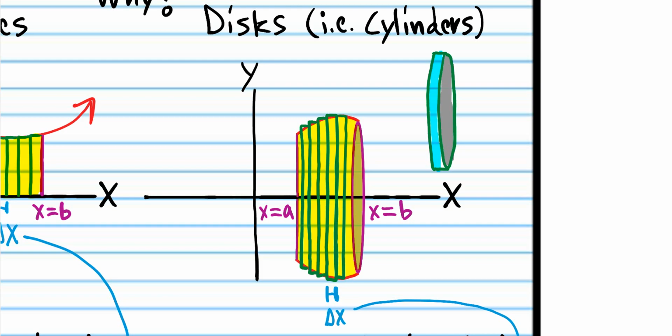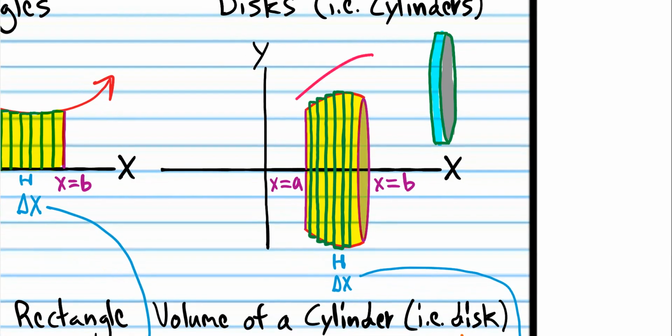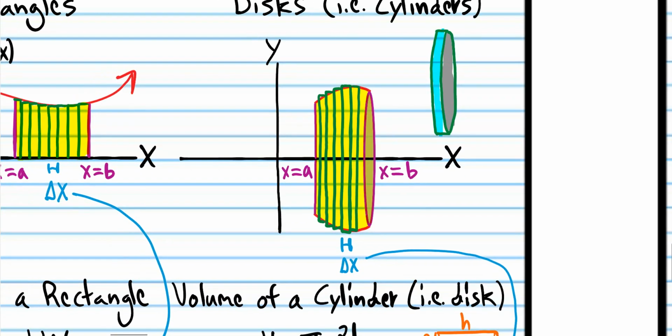So we're going to allow the number of disks or cylinders to approach infinity, and then the sum of the volumes of all those disks is going to be equal to the actual volume of this overall cup. And so that's how mathematicians think of this.